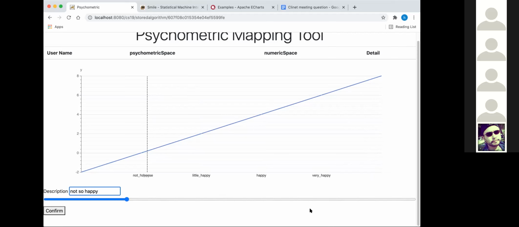If you place not so happy between little happy and happy, then based on the x location, the y value, the numerical value of not so happy according to you, is say 2.3. Is that okay? A lot of people thought not so happy should be between not happy and little happy.